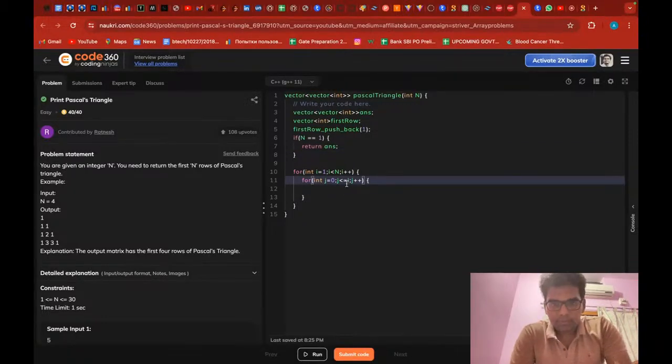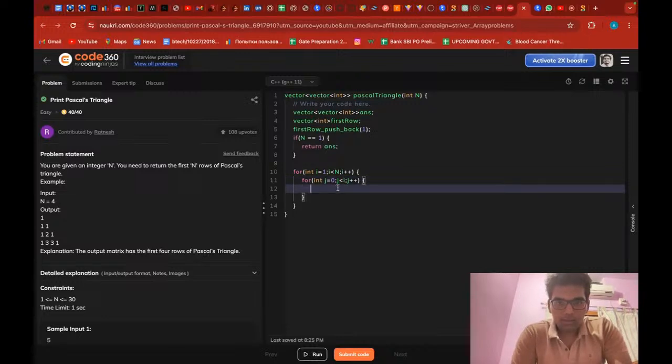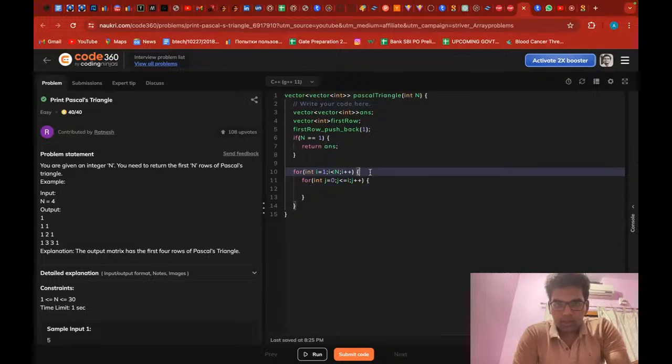So if I say 1C0 and 1C1, let's say j, what we need to do is check if j is equal to 0 or not. If j is equal to 0, or j is equal to i, these are the corner cases, right?